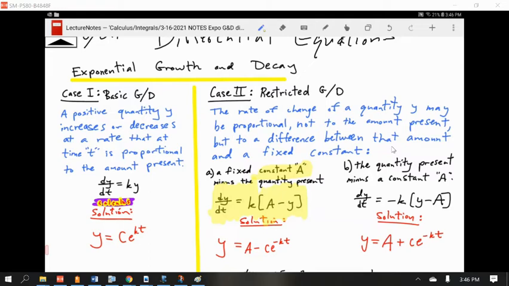Well, notice here it's a little bit different. Notice the solution to part A is y equals A minus Ce to the negative kt, and this is y equals A plus Ce to the negative kt. Both of them turn out to have a negative k. How does that happen?